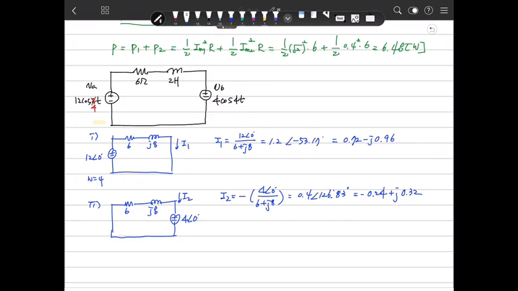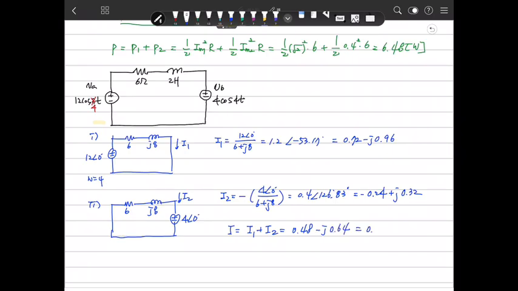So what is I? I is I1 plus I2. Therefore, the result is 0.48 minus j0.64.